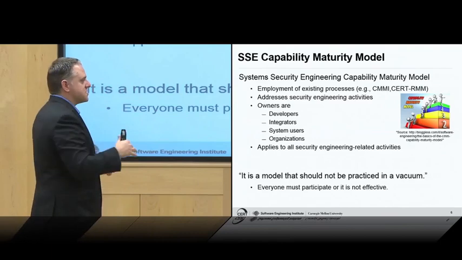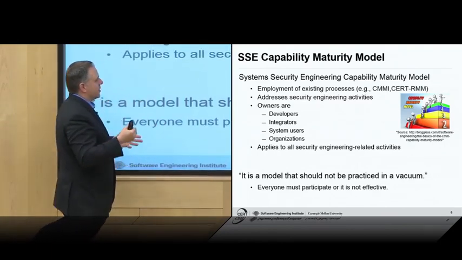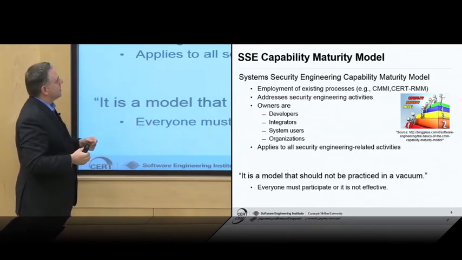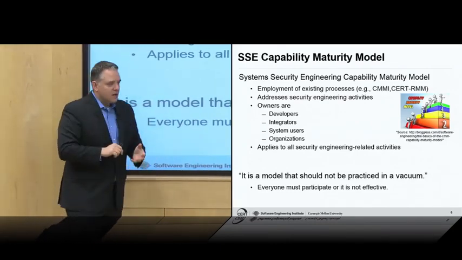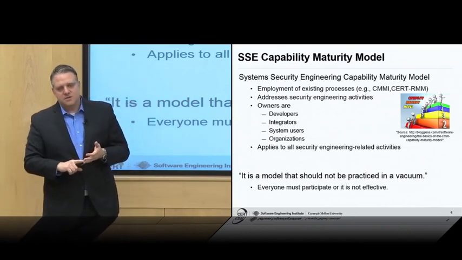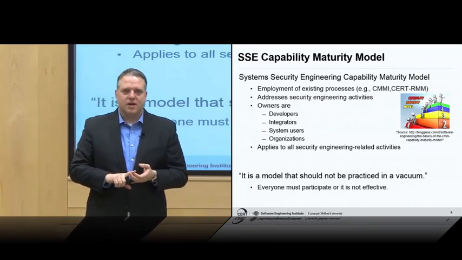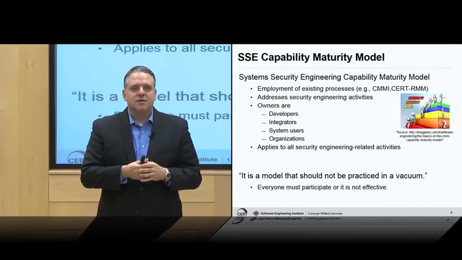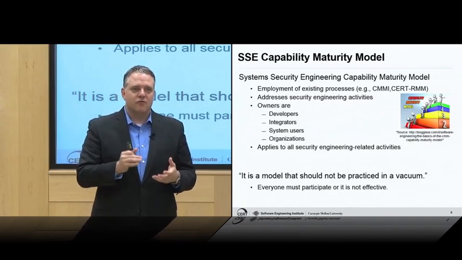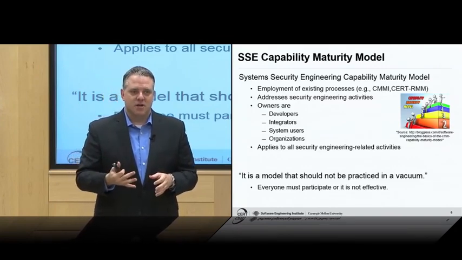And so you have different stakeholders in here than you might have if you were doing a full RMM implementation. Because it's very focused on security engineering, you're now working with developers, integrators, system users, perhaps maybe different organizational assets. But you're looking at how do I rate the maturity of my ability to do system security engineering.